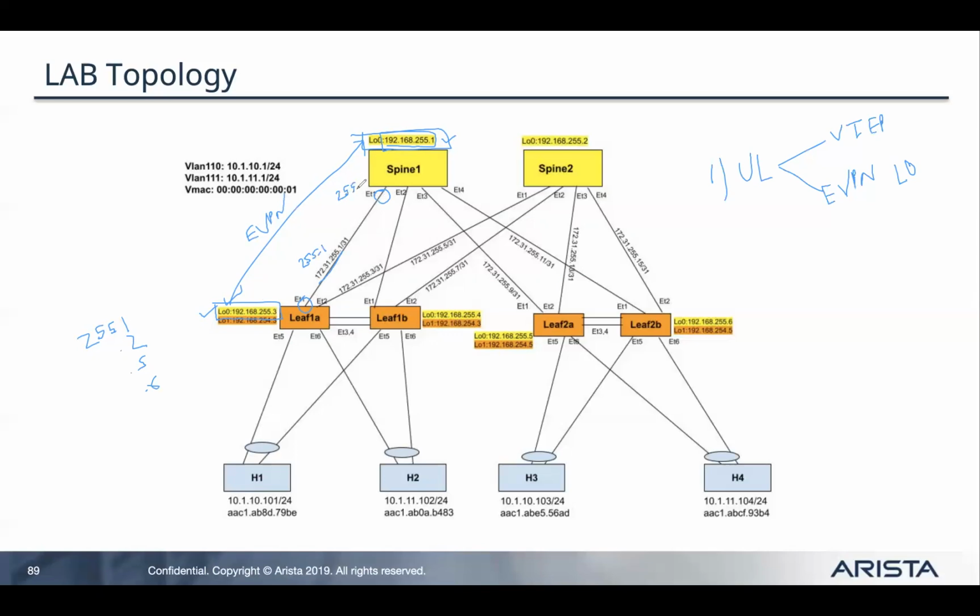So EBGP or IBGP will be between these two IP addresses. The neighbor will be this guy, not loopback. And you will redistribute connected under BGP so that all your loopback IP addresses will be advertised. You can also use the network statement to advertise these local connected routes. Okay. Any question?